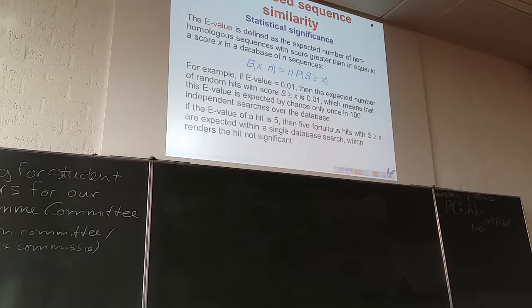It's not quite 100 independent searches, because they're all from the same query, but this is not strictly true, but it is related. You should assume that not all of your 100 hits with an e-value of 0.01 are significant. By chance, one of them is probably going to be non-significant.